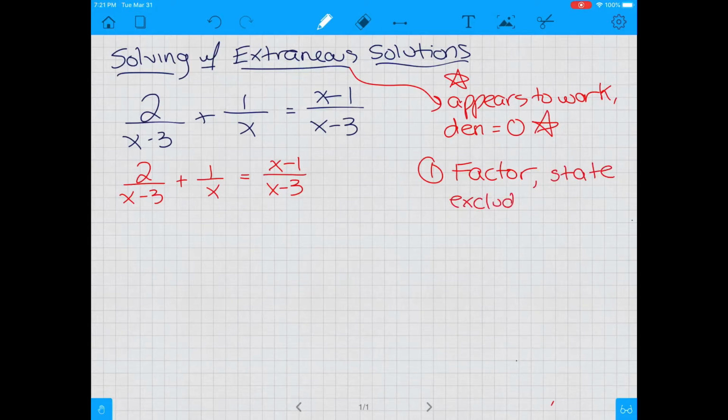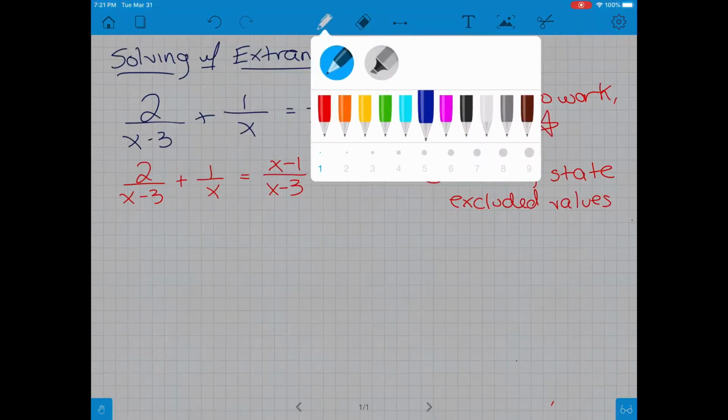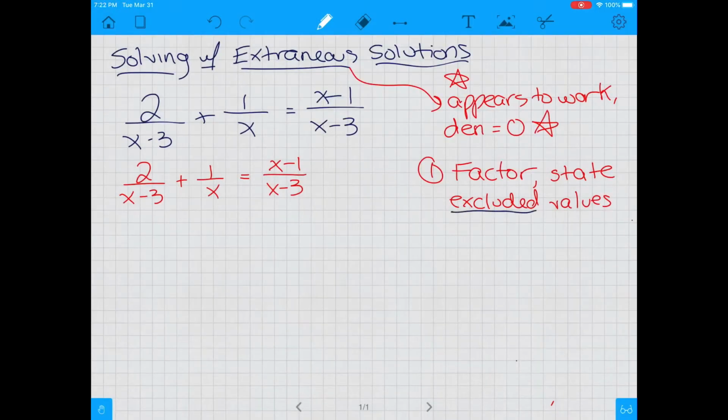State my excluded values. Excluded values are what make my denominators equal to 0. If I take a look at this example, x equals 3 is a problem, and that comes from this factor right here. And for this denominator, that's just x equals 0. So I know x can't be those things, otherwise I end up with a denominator that's undefined.